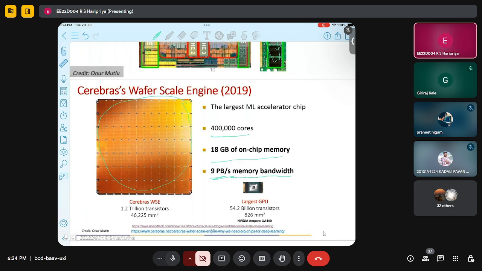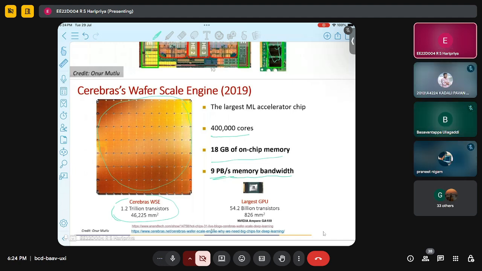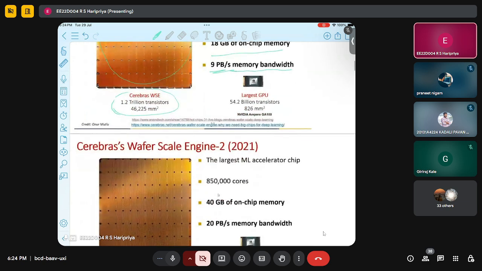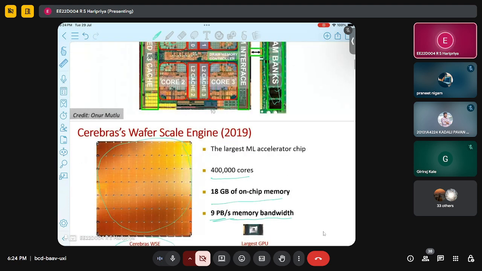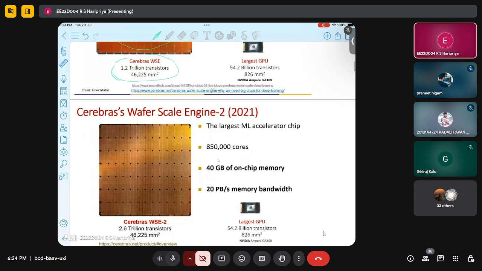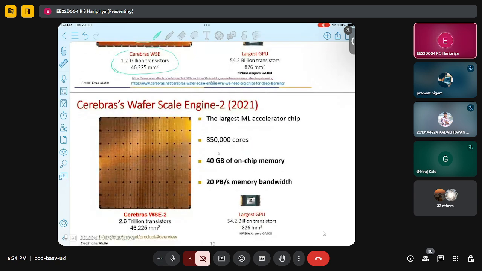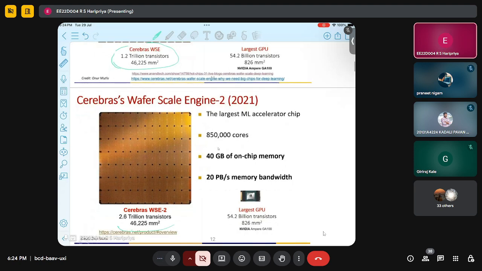So you can see it has a massive number of transistors. This is from 2019, and the next version from 2021 has almost double the transistors.